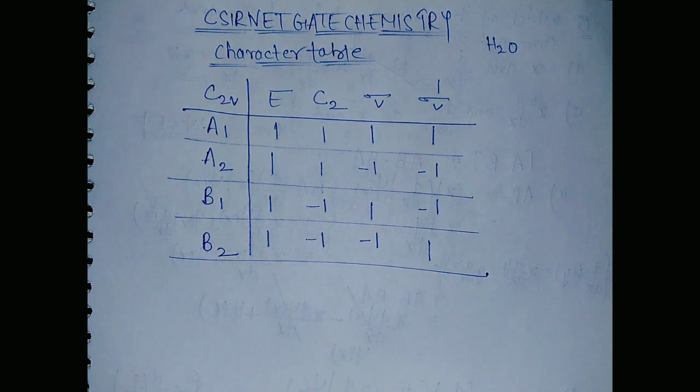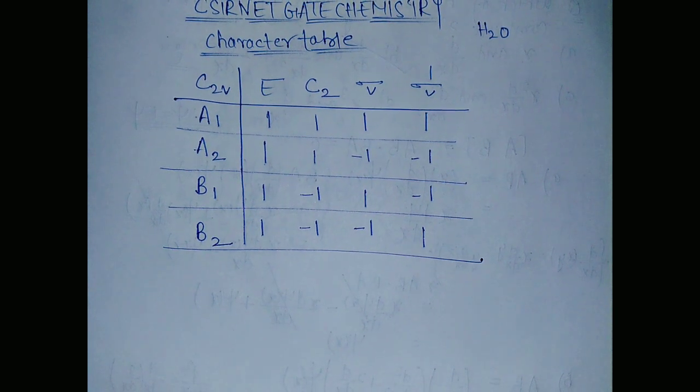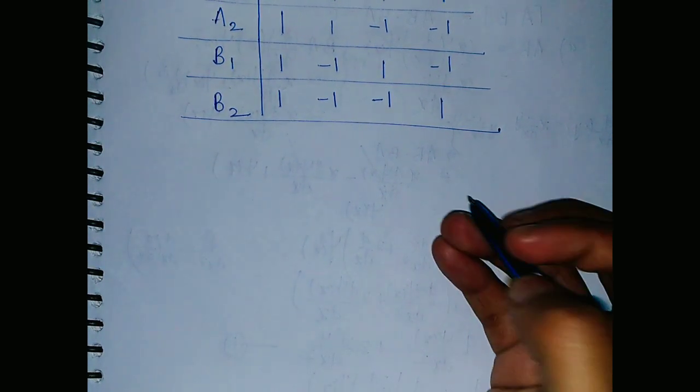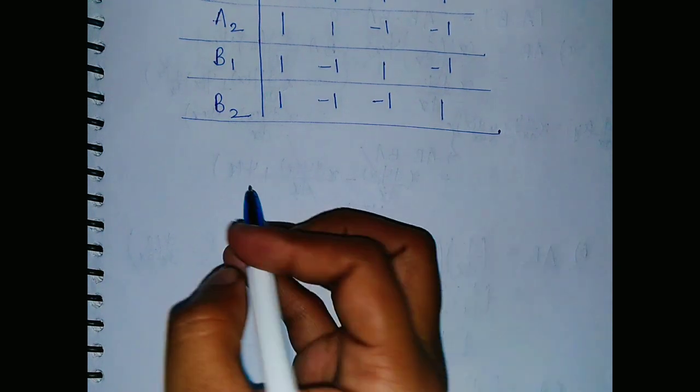Now come to D3h, how to write the characters for the D3h point group. Let me adjust the angle. I am assuming you know the character table for C3v, which is your ammonia.